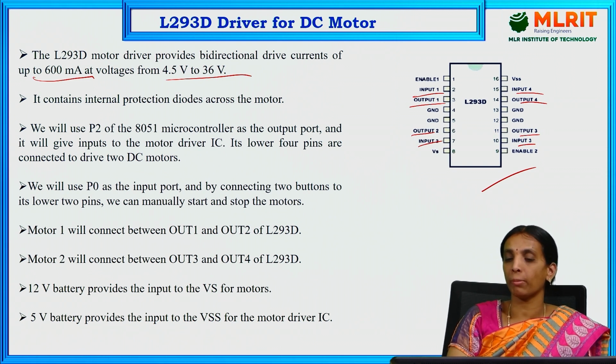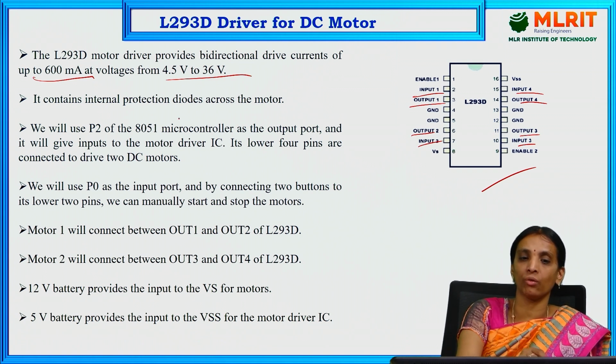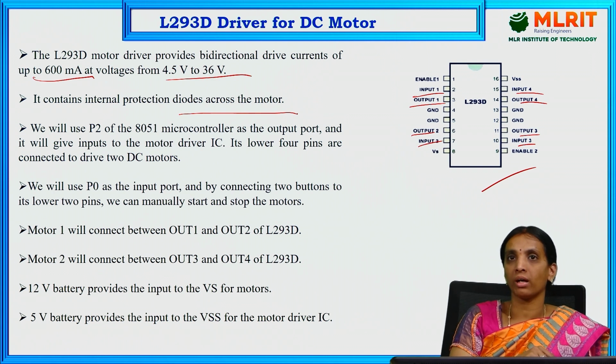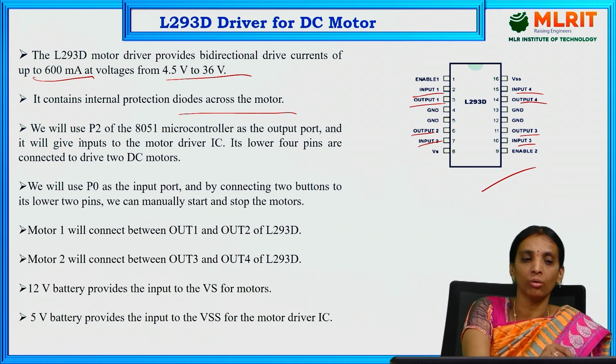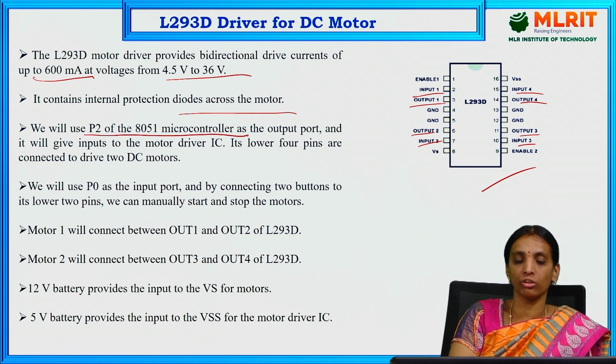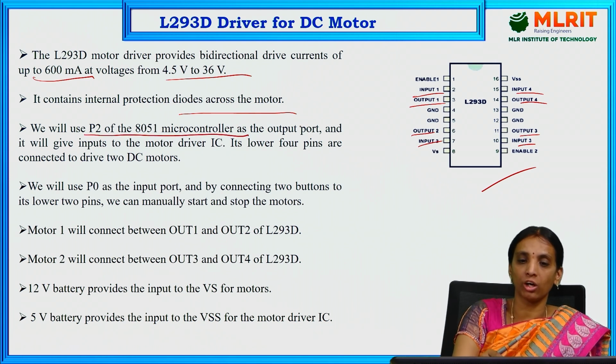It can be operated from 4.5 volts to 36 volts and can drive currents up to 600 milliamperes. It contains internal protection diodes across the motor so as not to cause any damage to the motor or the microcontroller. Here we are using port 2 of the 8051 microcontroller as the output port.